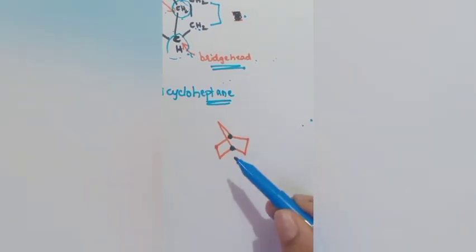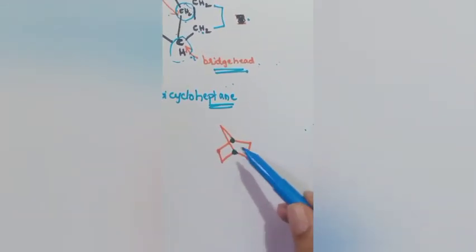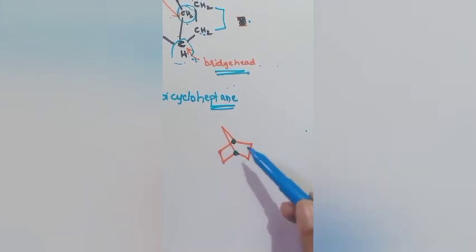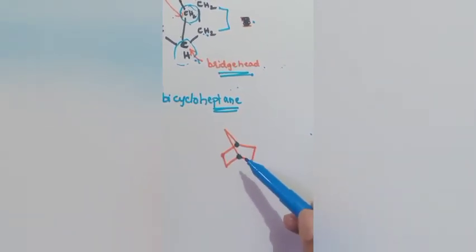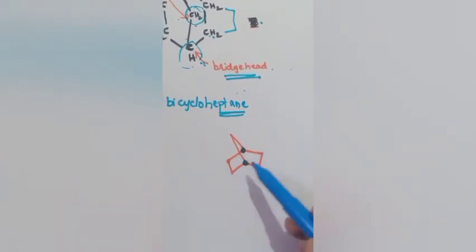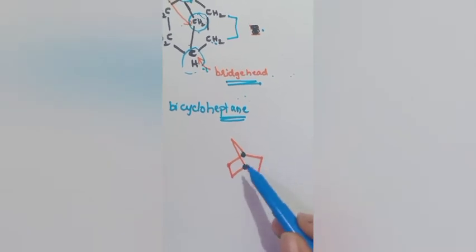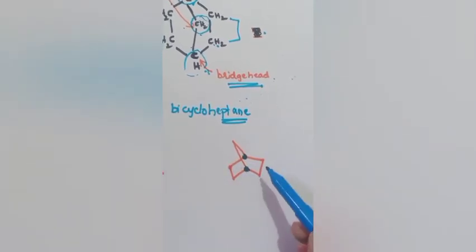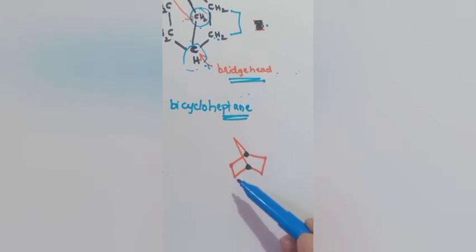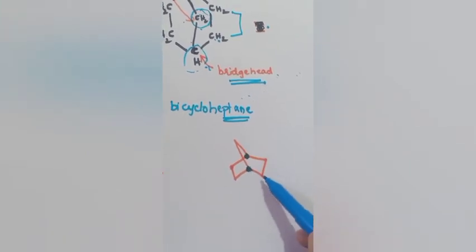Before numbering, we have to identify whether this is a symmetrical or unsymmetrical compound, by checking whether the left side and right side are symmetrical. Here there are 2 carbon atoms on one side, 2 on the other, and 1 carbon atom.